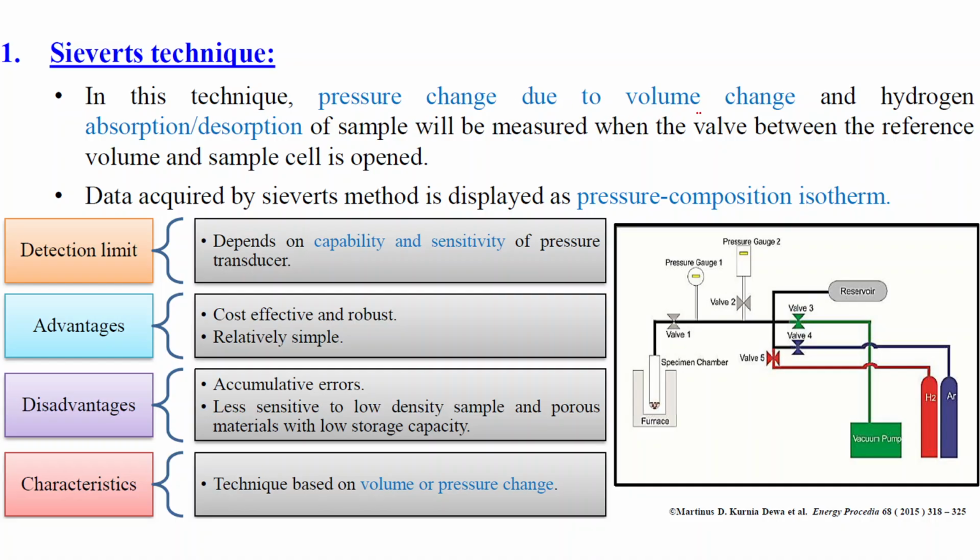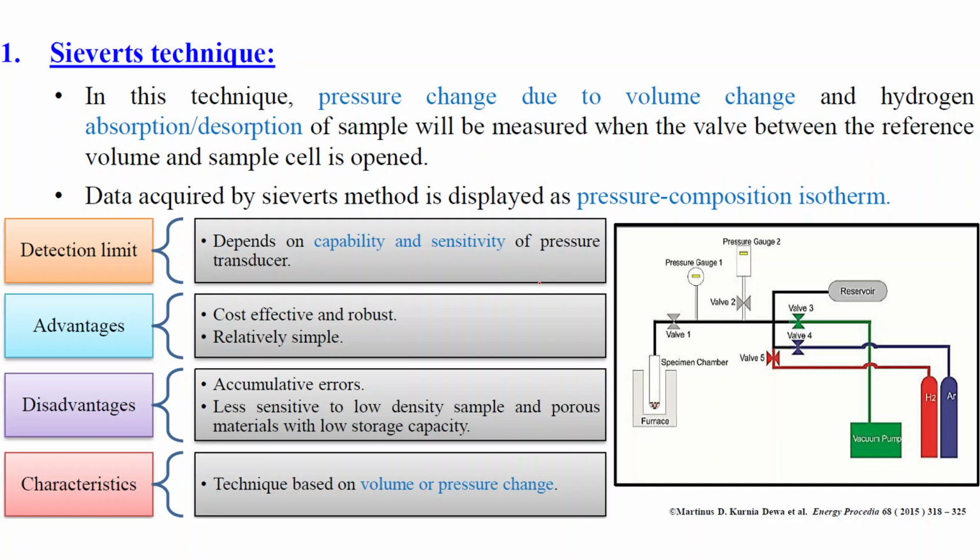So the pressure change due to the volume change and hydrogen adsorption or desorption of the sample is measured when the valve between the reference volume and sample cell is opened. If we open both the valves, the reference valve and hydrogen valve, then the gases move towards the specimen chamber and the hydrogen gas gets absorbed.